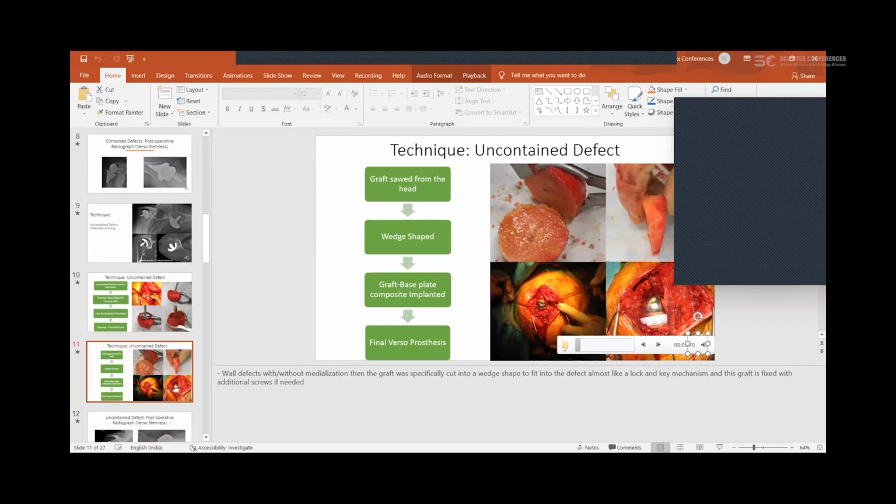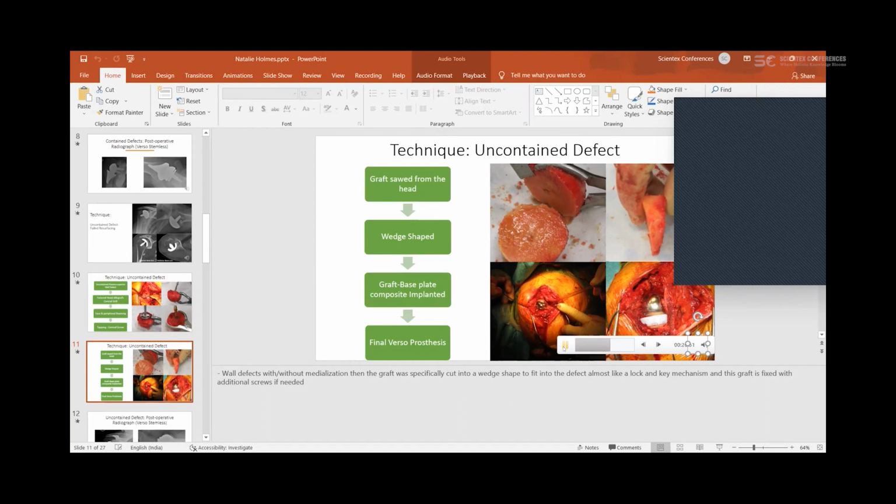If there were wall defects but without the medialization, then the graft was specifically cut into a wedge shape to fit the defects, almost like a lock and key type mechanism. So the graft was sawed from either the humeral head or the allograft head into the shape to fit the defect.